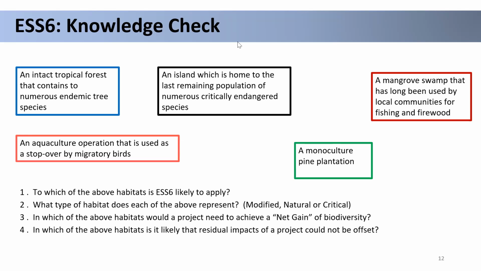Okay, and the correct, or which might be the correct answer, is that possibly all, but there might be a possibility that a monoculture pine plantation is actually a very highly modified and simplified habitat, unlikely to contain significant biodiversity. So as you can see, actually all could be, but then pine plantations might not be.